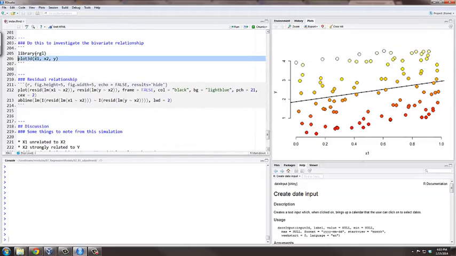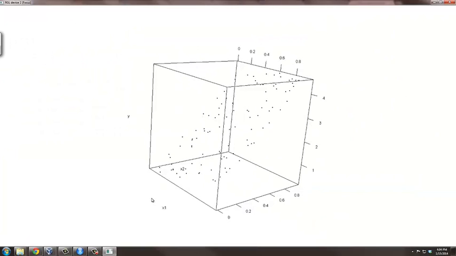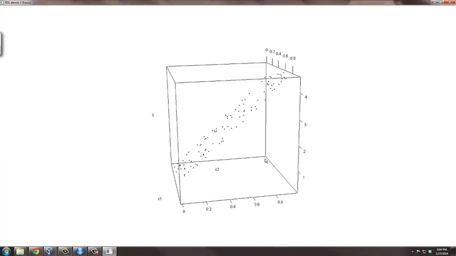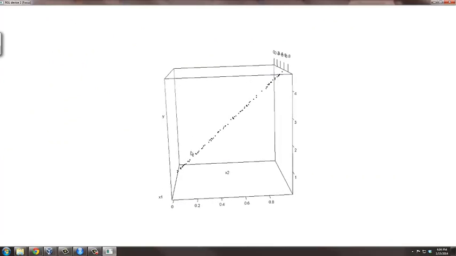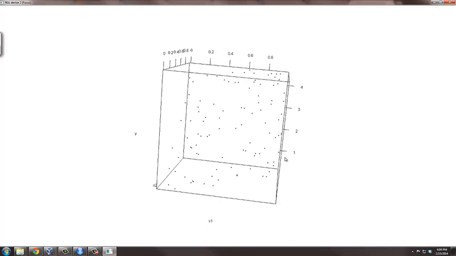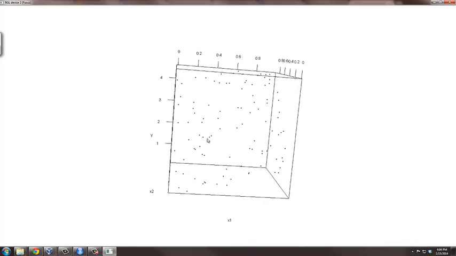But let's do the 3D plot instead of the 2D plot. And there it is in RGL. You can see there's a strong relationship between y and x2, and a less clear relationship between x1 and y, which is the noisy regression line that we saw on the previous page.